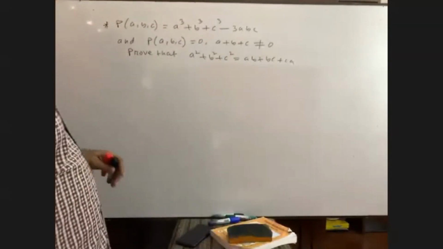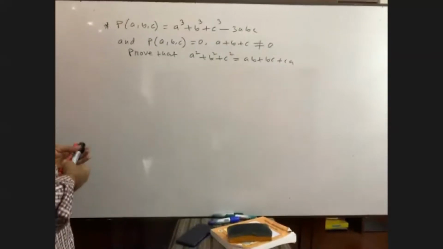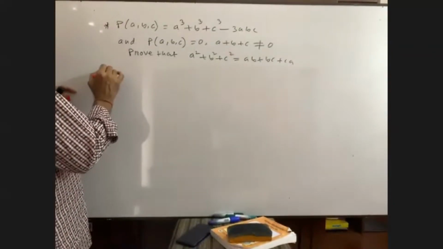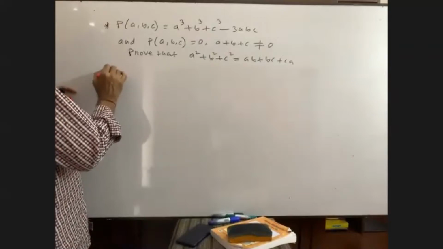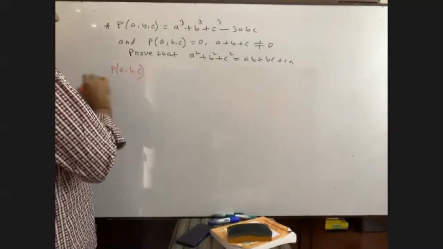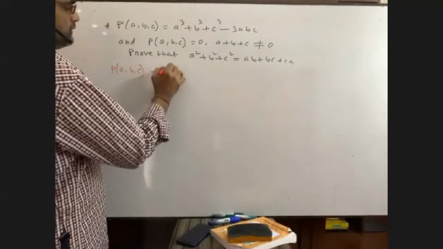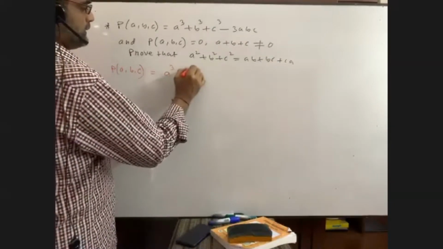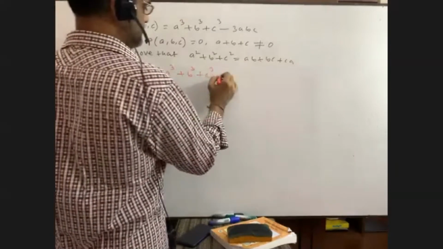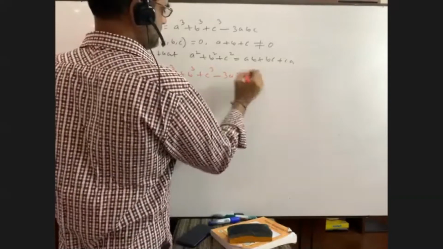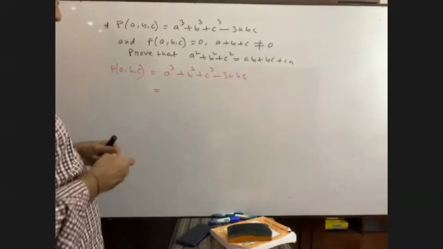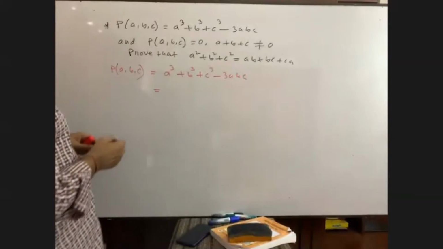At the very beginning of the day today, can you remember what we got? P of A, B, C is equal to A cube plus B cube plus C cube minus 3 ABC, which equals, can you tell me what we got at first?